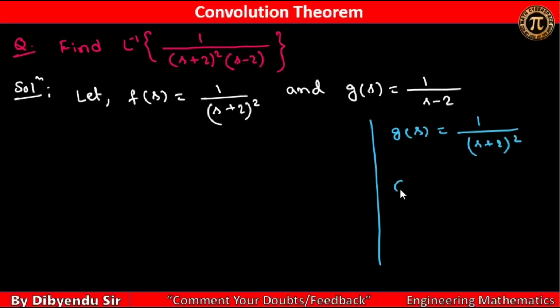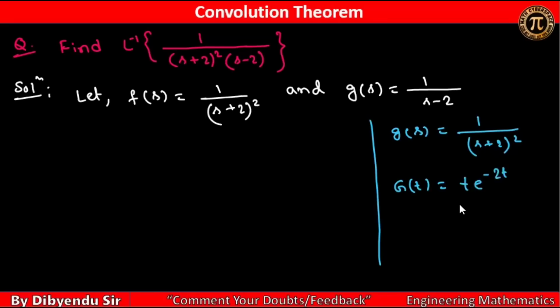In that case what will be g(t)? g(t) means Laplace inverse of G(s). Since this is 1 by (s plus 2) whole square, this is e to the power minus 2t multiplied by t, that is t e to the power minus 2t.